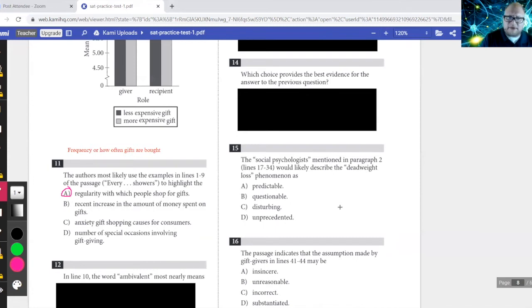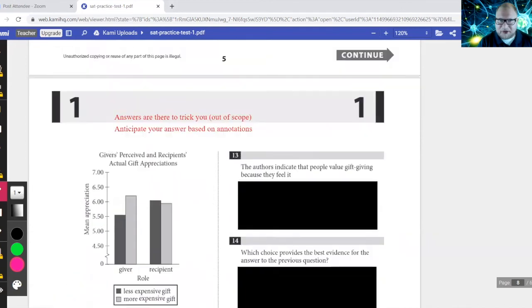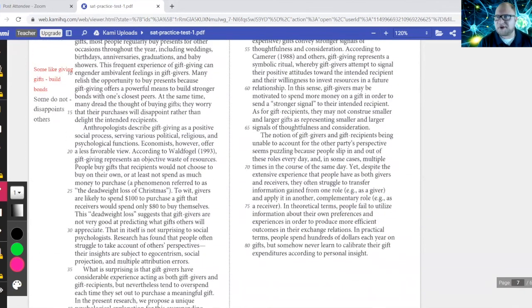But if we look at the other aspect, it's another important aspect of effective reading when it asks for what the word ambivalent means. Now, again, your annotations play a huge role here.